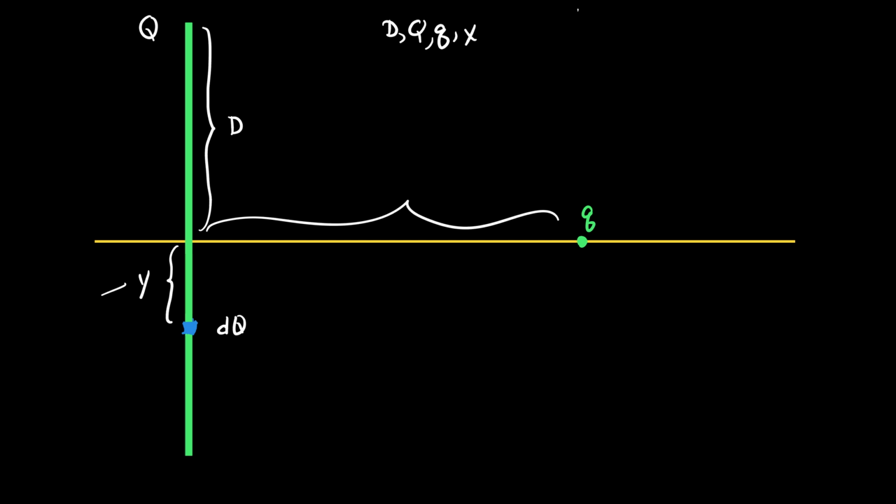I know it has dq worth of charge, but what I need is something that tells me how much charge there is based on y. So I'm going to say that this piece is a little more in the y direction long. dy is a length, and I'm using a variable that I created as a means of defining the size of this piece.